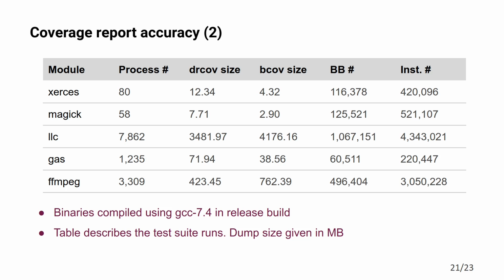This number has a direct effect on the size of coverage data, since new data is dumped at the shutdown of each process. drcov dumps a dynamic trace that can be small for short tests. On the other hand, bcov dumps coverage data that has a constant size, which depends on the size of the binary. Despite this, the size of the data dumped by bcov is comparable to that of a dynamic tracing tool like drcov.